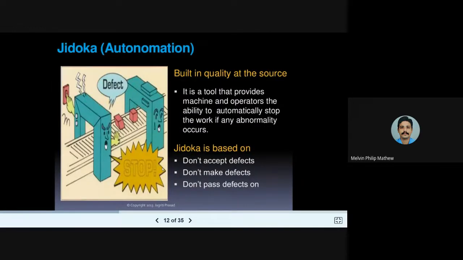Next is Jidoka. Jidoka is an automation system. Nowadays, labor is being replaced with automated systems, more recently by means of robots and robotic arms, etc. In the automation technique, human errors are eliminated.